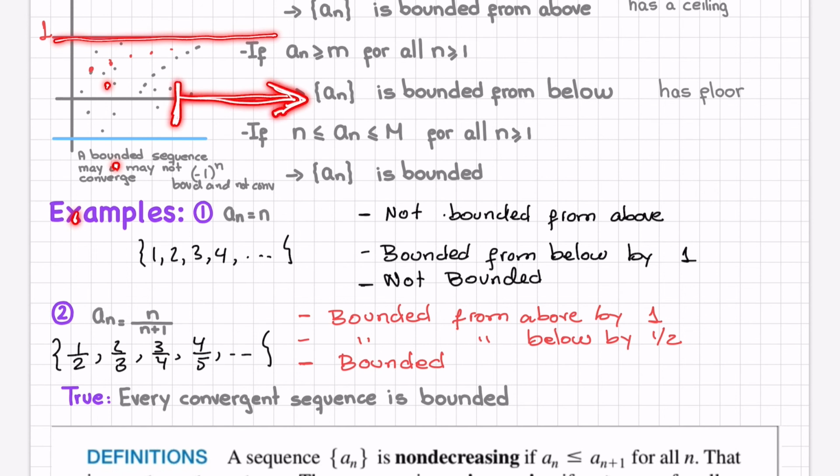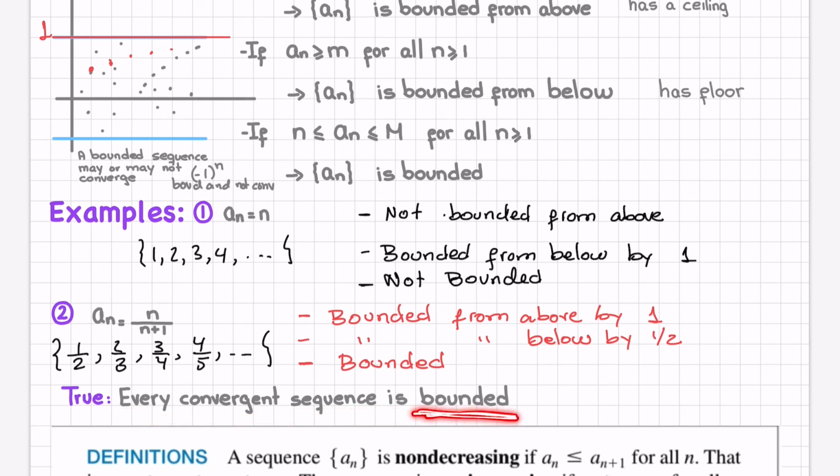So if it's convergent to a number, all the points are approaching a number. That means that's going to be the upper bound, and then the lowest is going to be just a precise number down there. But every convergent sequence is bounded.